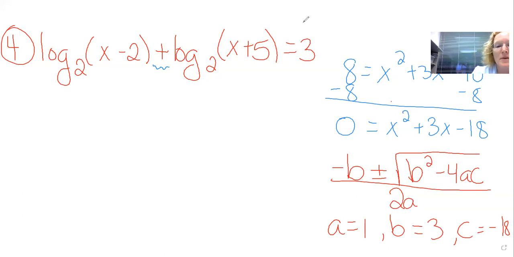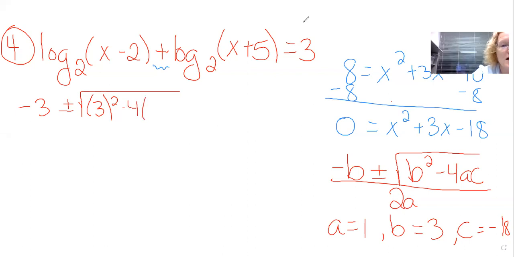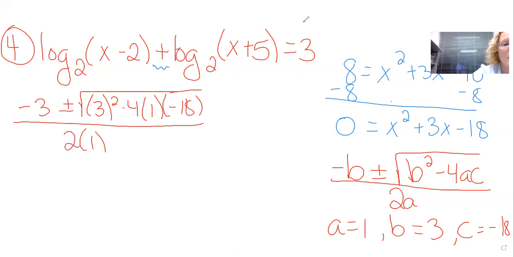Now we can say, okay, negative b, so that's negative 3, plus or minus the square root of 3 squared, that's b squared, minus 4 times a, which is 1, times c, which is negative 18, all over 2 times 1.